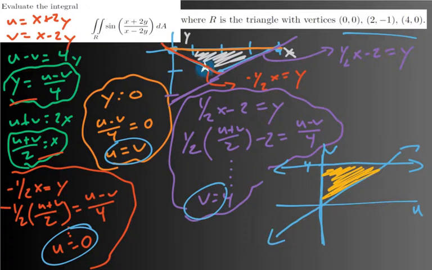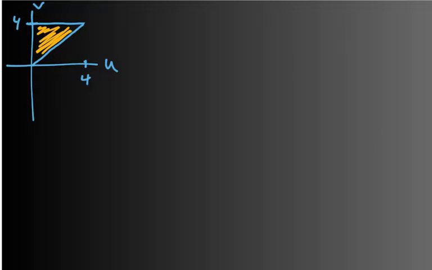Because here you've got 2 diagonal lines that are kind of annoying to deal with. But here it's a right triangle, which is nice, obviously. So this is going to be my new region that I have to integrate over. All right, so I just switched over here and copied over the new UV region. So what we're going to do is do a change of variables from x, y space to UV space.